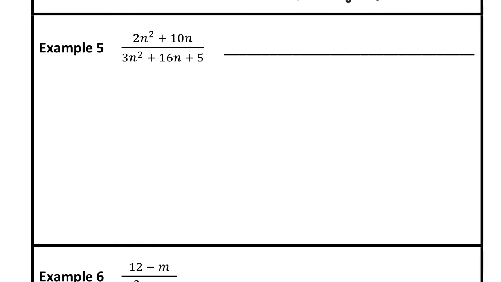So let's write out 2n squared plus 10n, and then over here do like a 3n squared plus 16n plus 5. Okay, so in the top part, right, this is the top, 2n squared plus 10n.